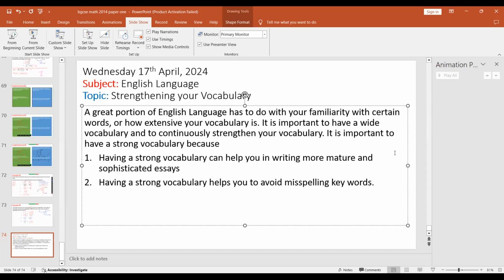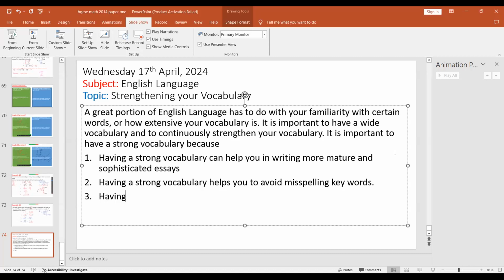Inside of your exam, you're not gonna have any dictionary, you're not gonna have Google, you're not gonna have Bing, you're not gonna have the internet. So you're gonna have to be able to spell words on your own. If you have a strong vocabulary, it would help you to avoid spelling words wrong, so that you can write them in your essays.